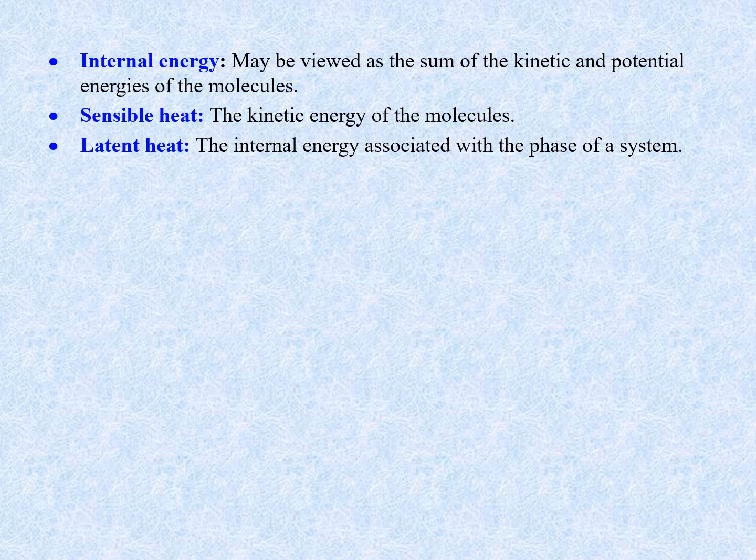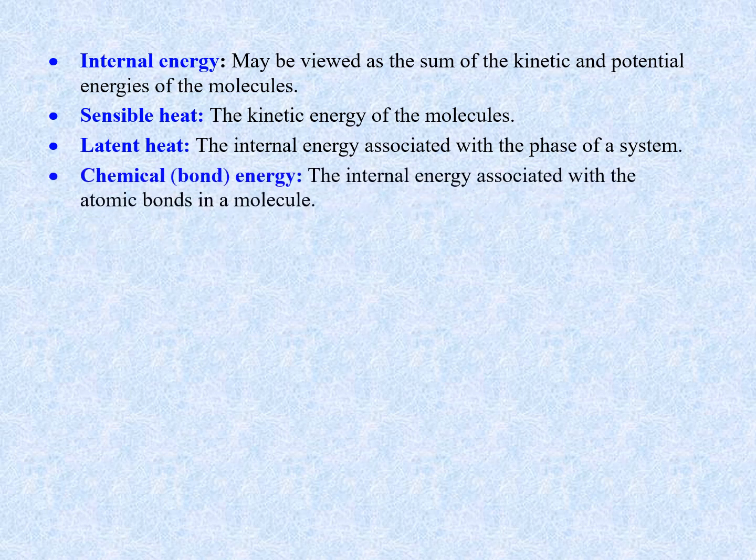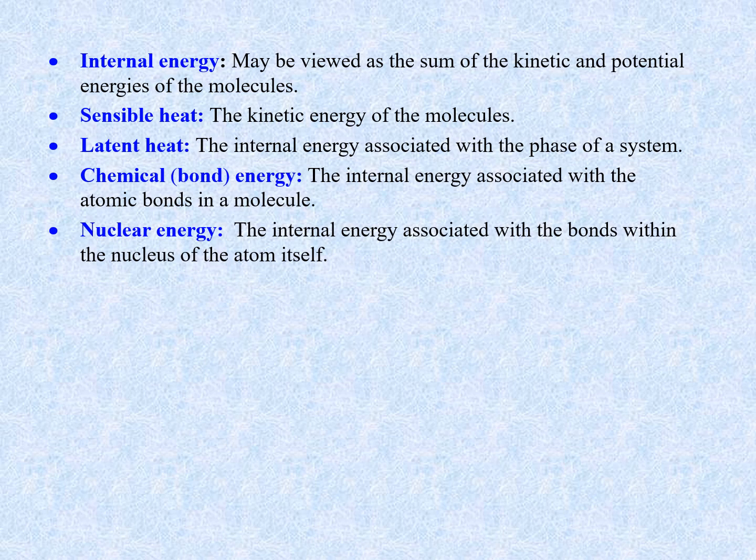If the system changes phase from liquid to solid or solid to liquid, it releases a certain amount of energy, which is called the latent heat. And we have chemical bond energy, from the breakup of chemical bonds, it releases certain energy. It is the internal energy associated with the atomic bond in molecules. And last is the nuclear energy, the internal energy associated with the bond within the nucleus of the atom itself.